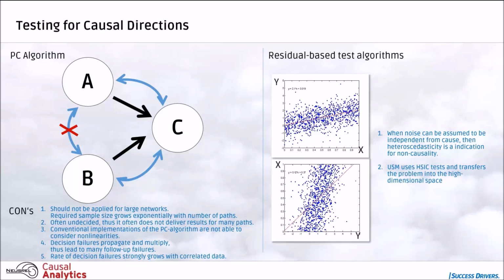So can you quickly explain the logic behind the PC algorithm? If you have the variables A and C correlating, as well as B and C correlating, and A and B are not correlated, if you know these three things, you can triangulate and conclude that the causal direction must be from A to C and B to C. Otherwise A and B must correlate.